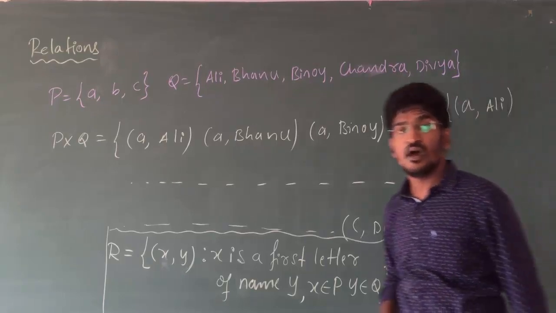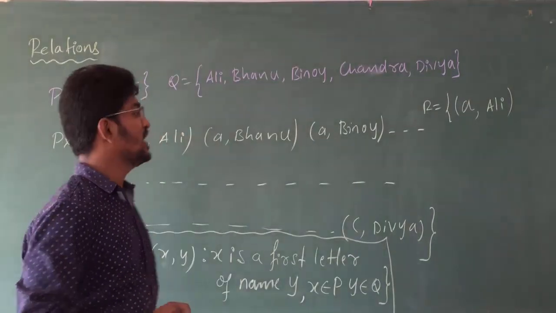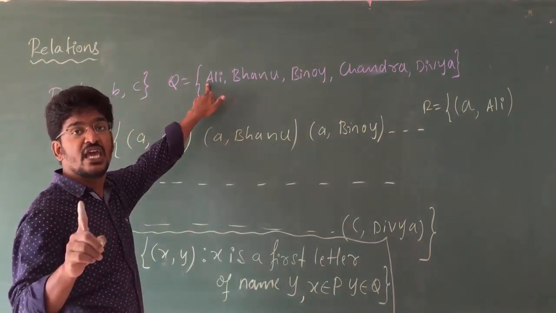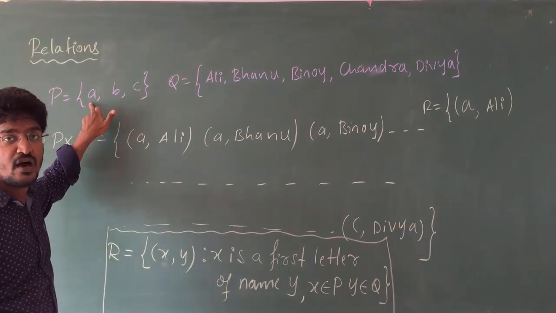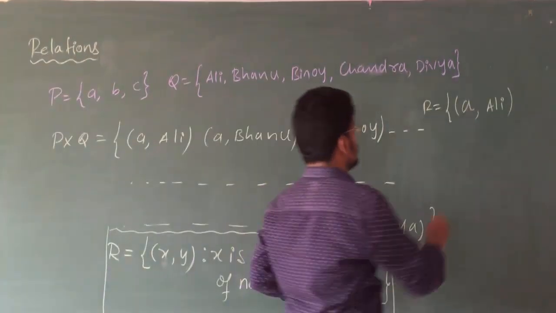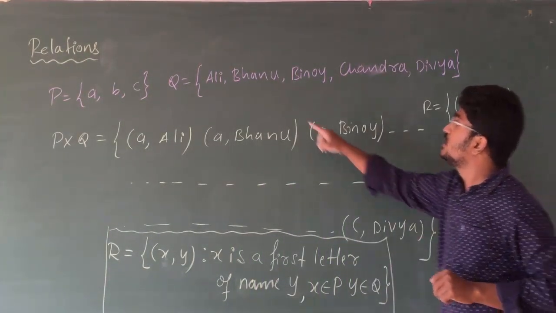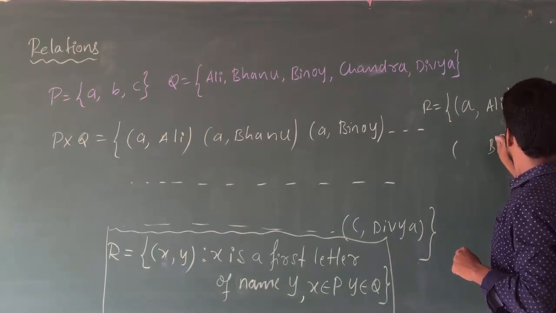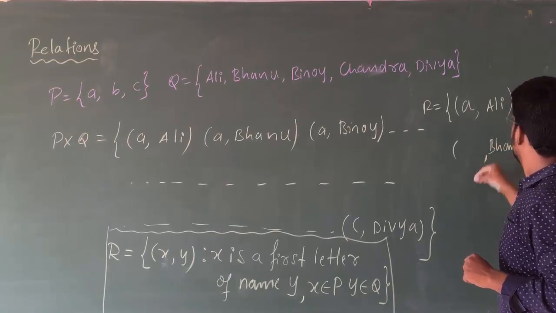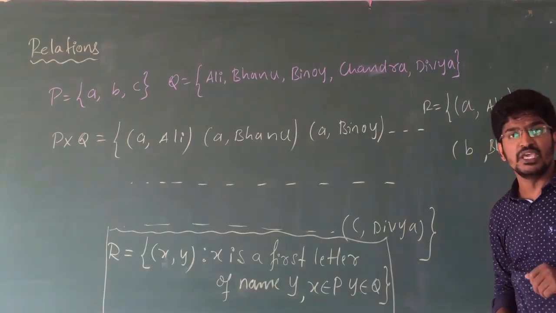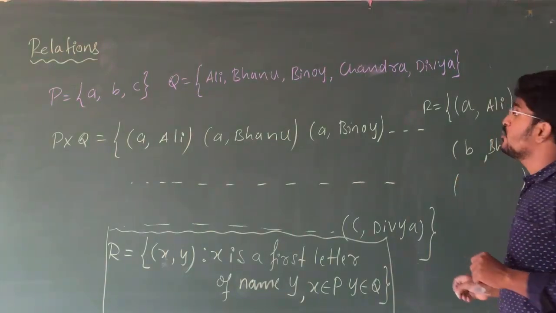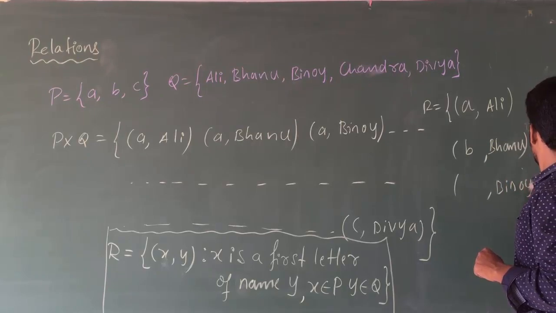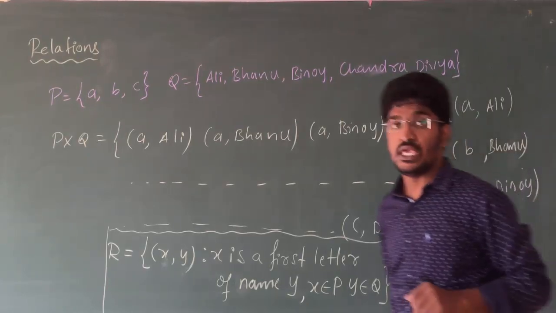A. Are you clear? Like that you have to collect the ordered pairs. Are you getting my point? From Ali the first letter is A, so I can collect this A. Are you clear? Next, I can write Bhanu and the first letter is B. In the same way, I can write Binoy and the first letter is B. Clear?